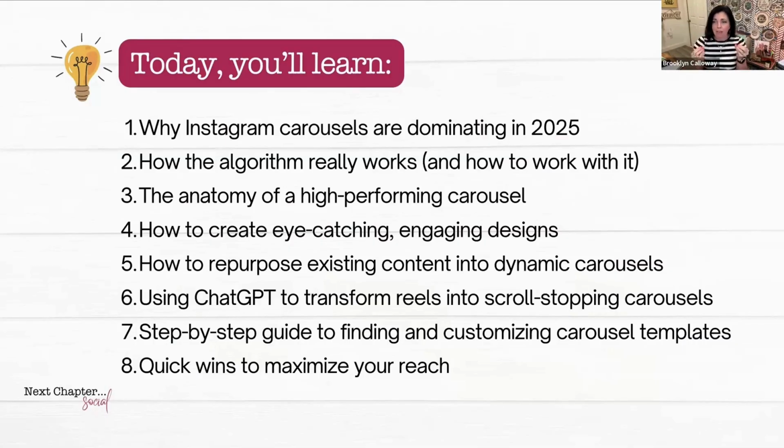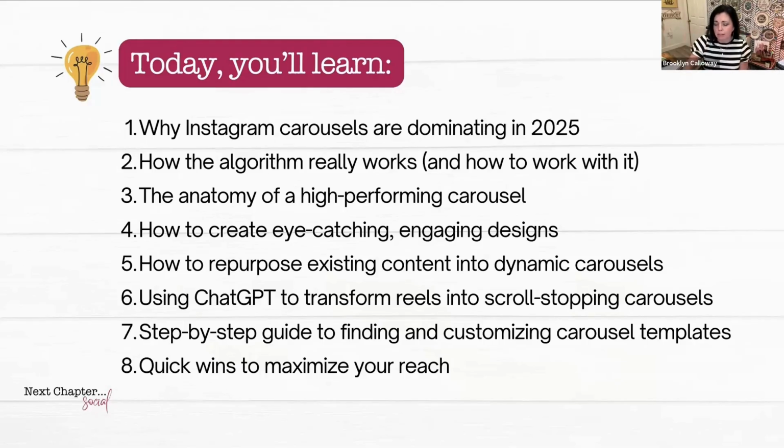That's the repurposing of the reels. Using ChatGPT to transform your reels into scroll stopping carousels, and a step-by-step guide to finding and customizing carousel templates. And then lastly, quick wins to maximize your reach. At the very end, we will make a carousel together and I'll bring it all home.